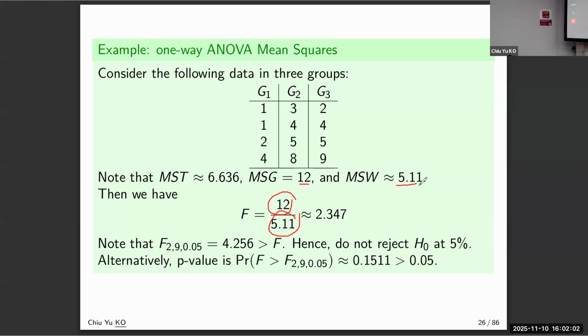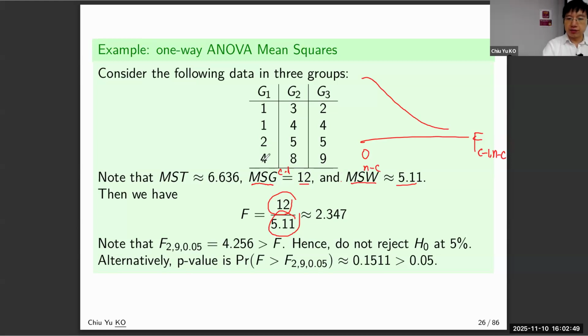So you just look at this F distribution, starting from 0 and skewed like this. The F you're checking has degrees of freedom C minus 1 and n minus C, because for the mean square group it's C minus 1, and for within it's n minus C, since there are only C groups of sample means.